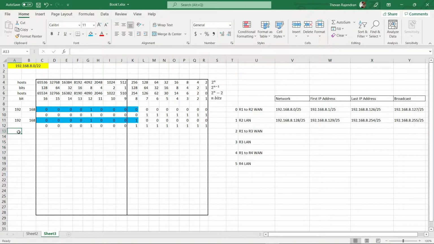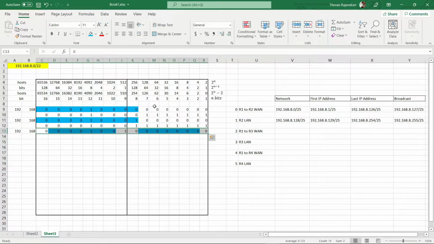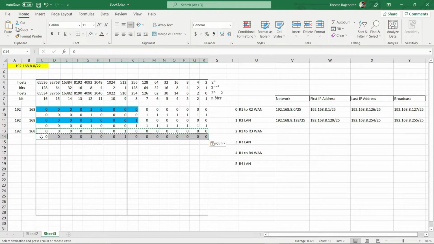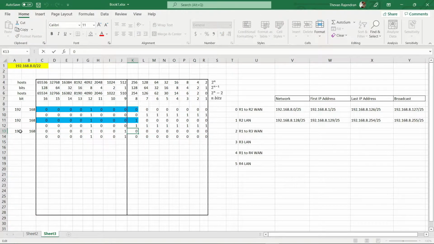Let's continue with R1 to R31. And all the previous numbers are now 1, so we need to add the 1 in front, and the rest will be 0. So here we will be also using the 120 host IP addresses.